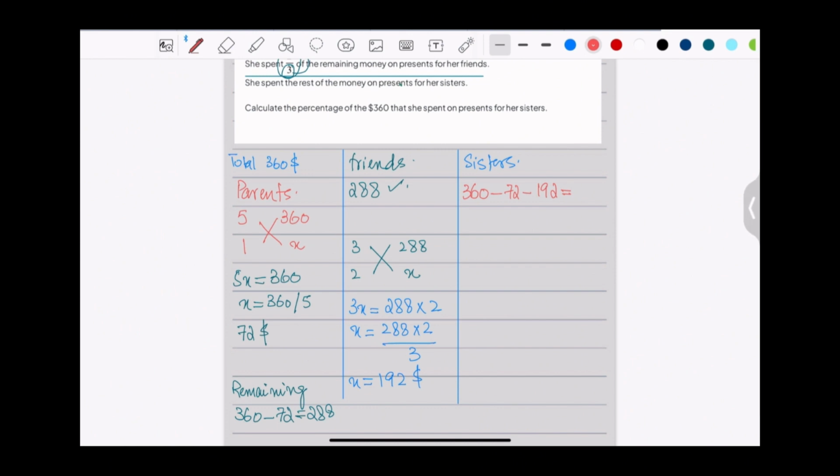Which is $96. The question asks for the percentage of 360, representing 100%, that she spent on presents for her sisters.